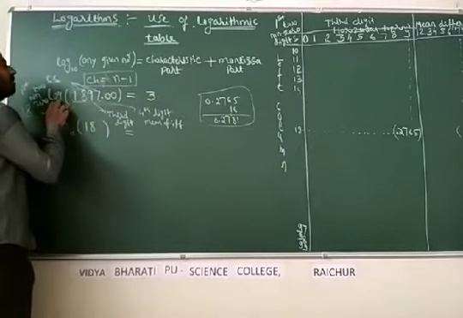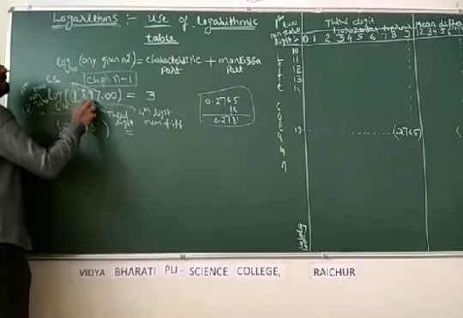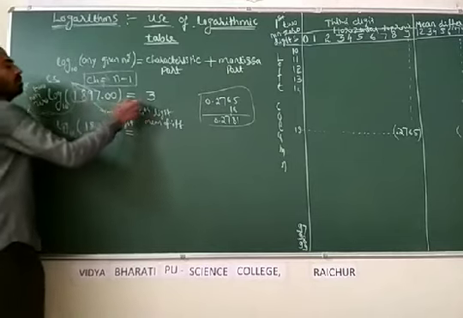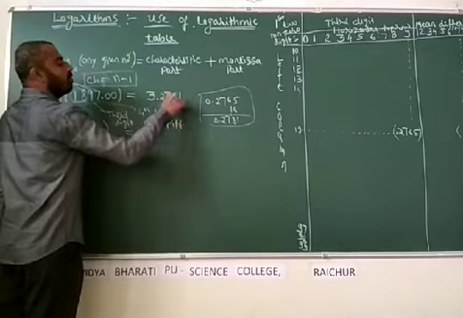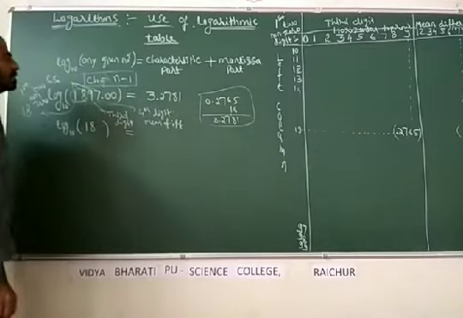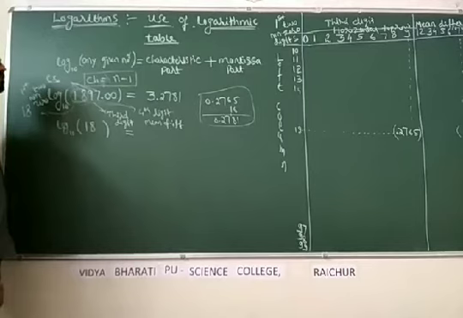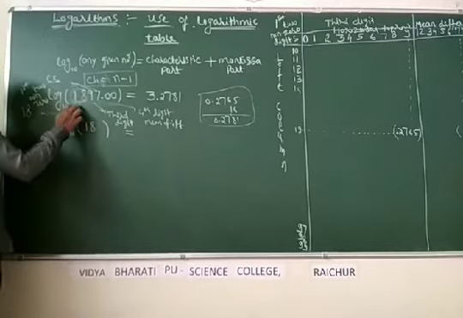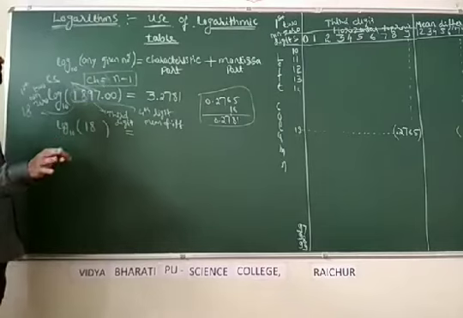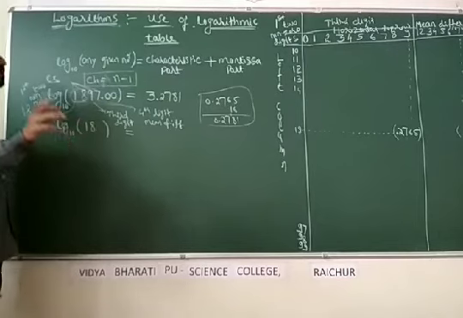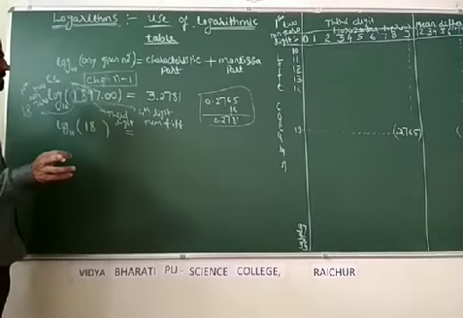Now, the logarithmic value of 1897 is equal to 3.2781. This is how we can find the logarithmic value of any given number. First, we have to make the given number of 4 digits. If it is of 5 digits, round the fifth digit off to 4 digits.